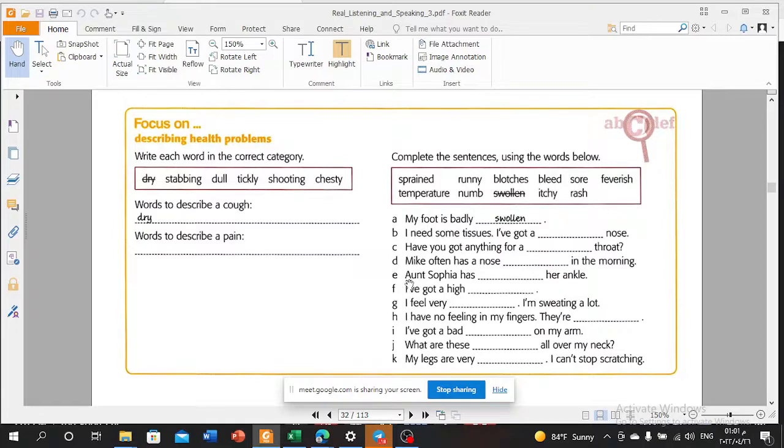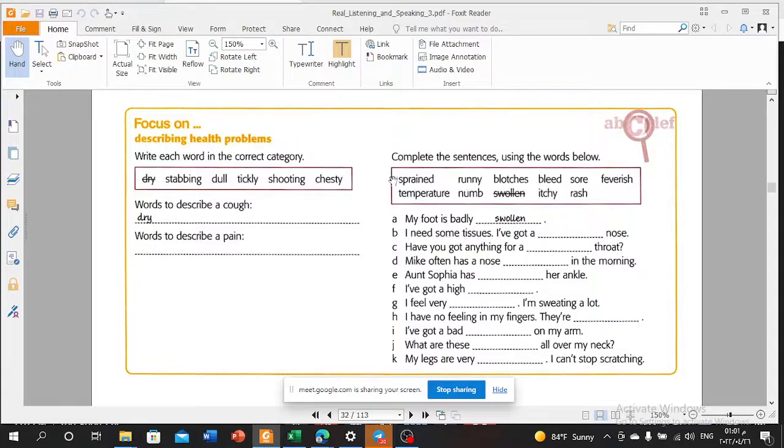Here in the E we have Aunt Sophia has sprained her ankle. Aunt Sophia has sprained is the right choice for this space. Her ankle. Sprained is something that happens to a hand or a foot.